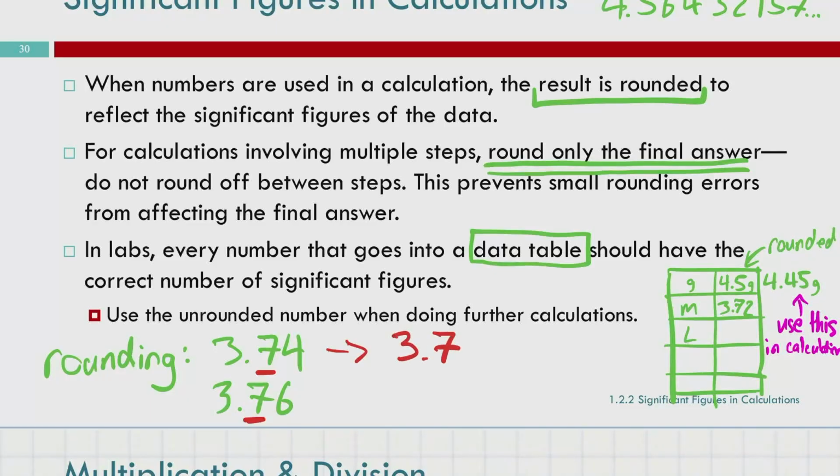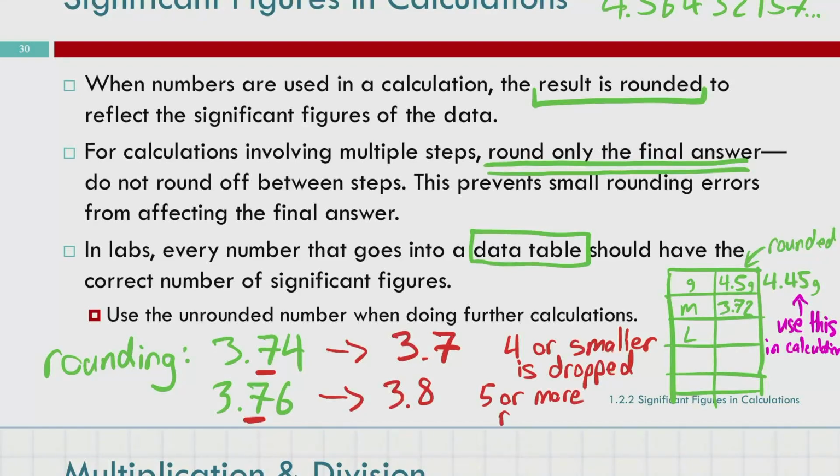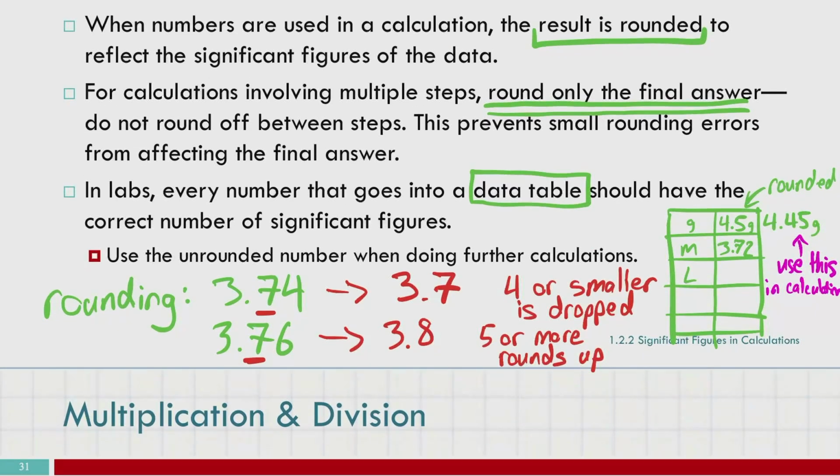So this would become 3.7. I don't remember if I include this later in the slides. That 3.76, 6 is 5 or higher or bigger, and so it would be 3.8. Just in case it's been a while since you've rounded things.